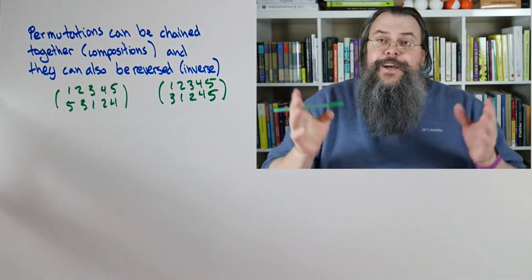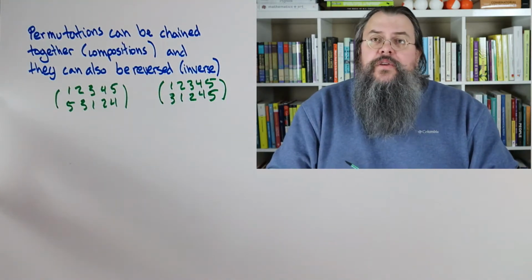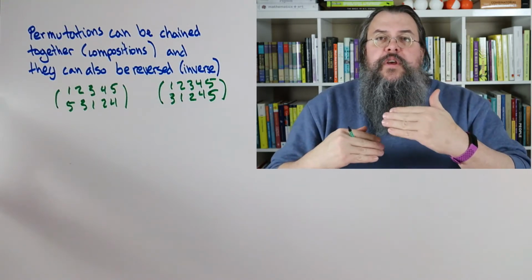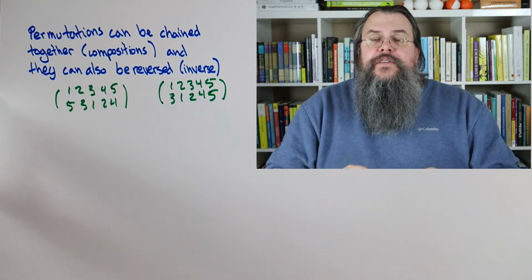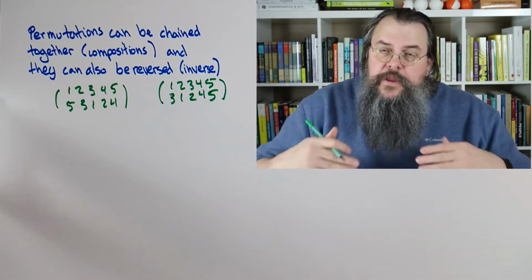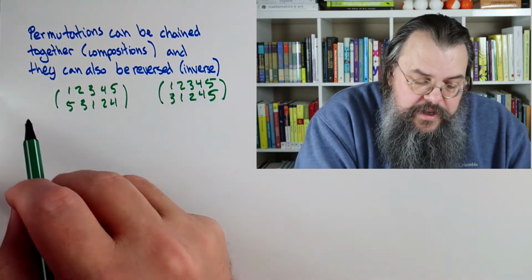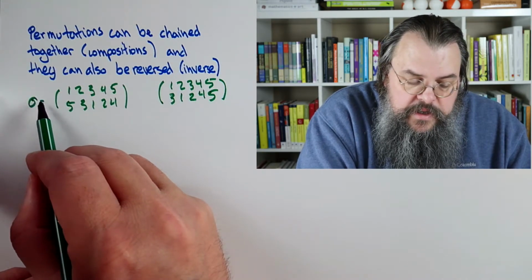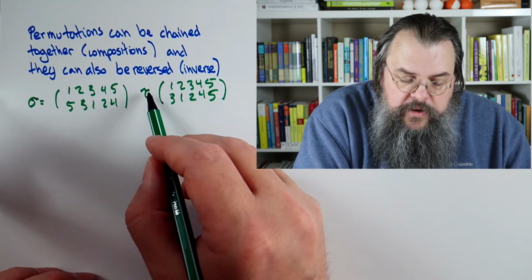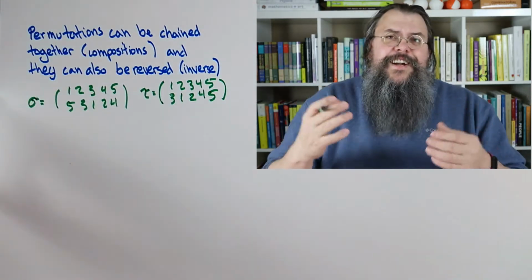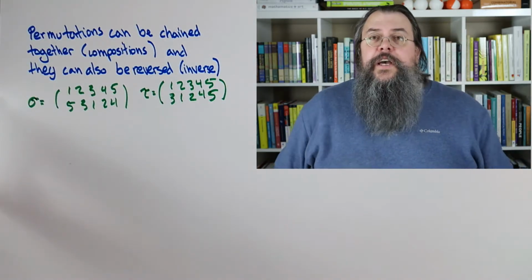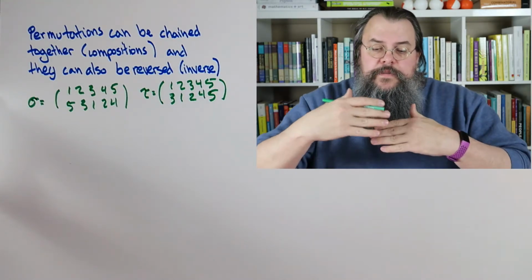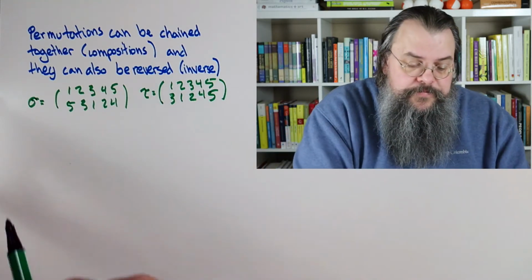All right, great. So what can we do? Suppose we want to look at what happens when we take one after another. Let's call this one sigma, and this one tau. Why Greek letters? That's kind of tradition. Okay, so let's do this composition, one after another.